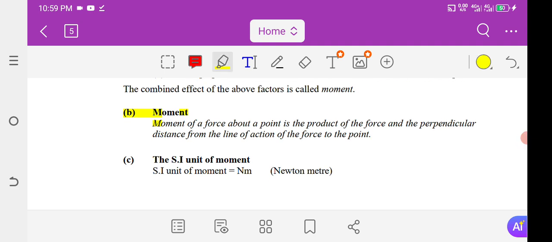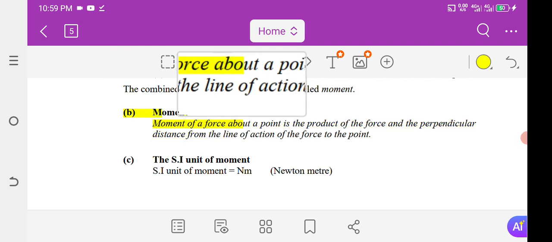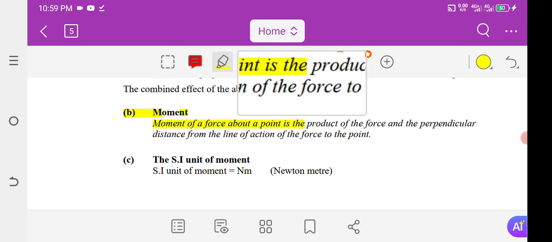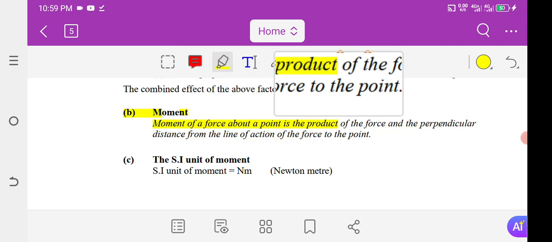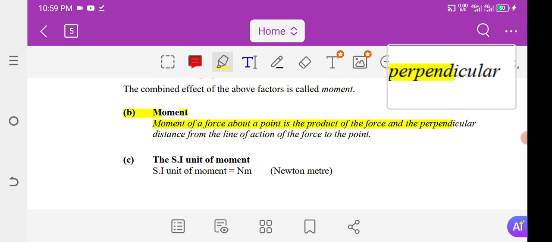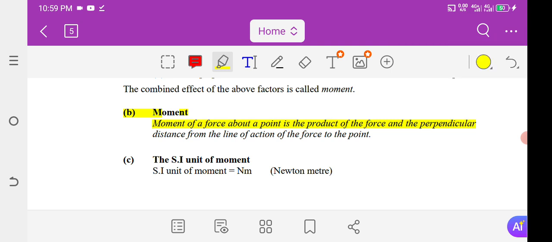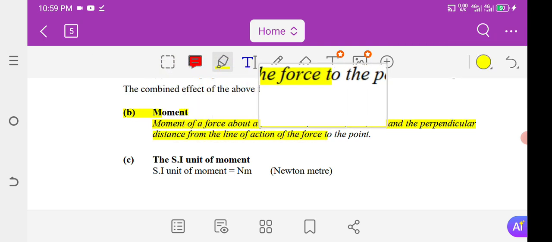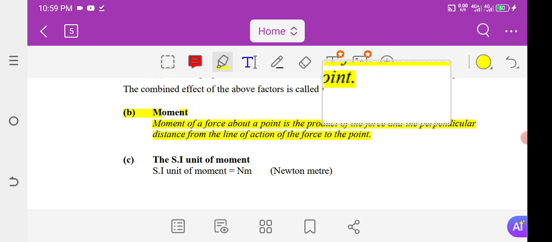We are going to define the moment of a force about a point as the product of a force and the perpendicular distance from the line of action to the point, in this case to the pivot.